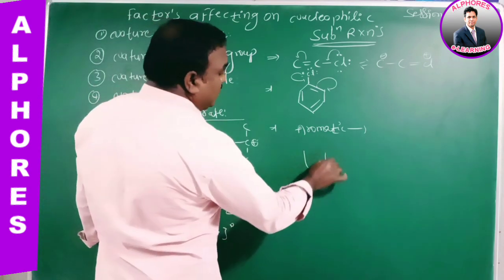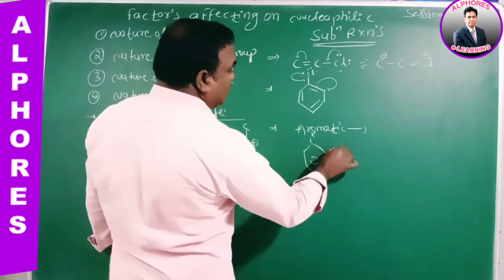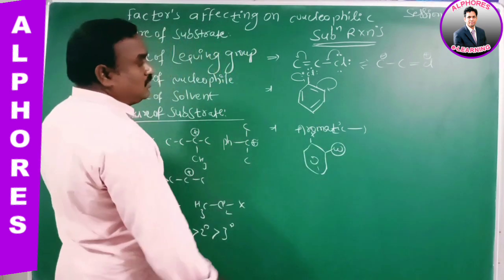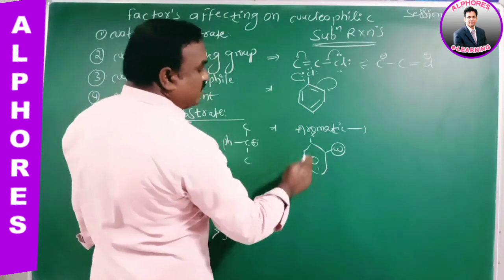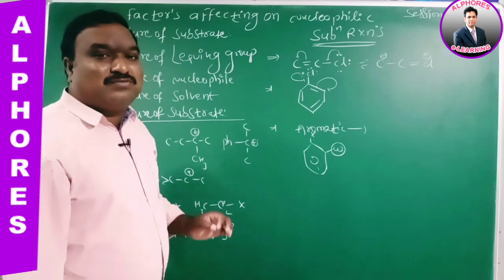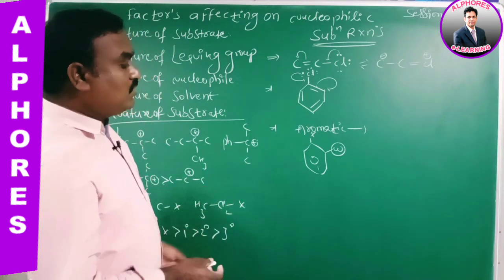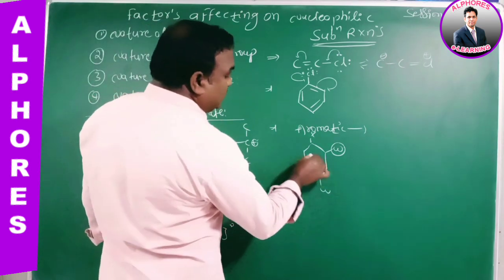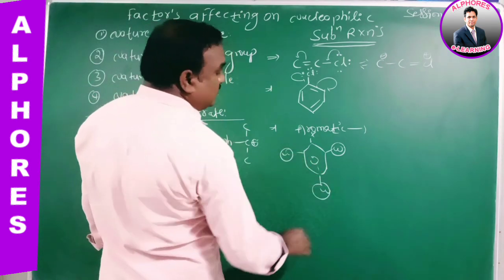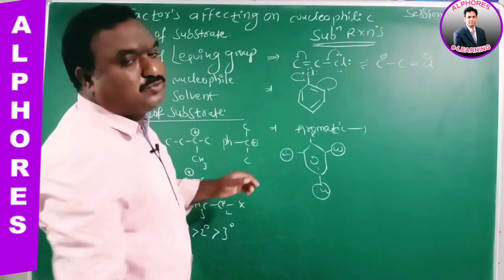For example, here an aromatic ring is given which has X here. Suppose an electron withdrawing group is there. When compared to this one, the compound reactivity is more due to the presence of the electron withdrawing group. As the number of electron withdrawing groups on the aromatic ring increases, like NO2 groups, CN groups, the ring reactivity increases towards nucleophilic substitution reactions.